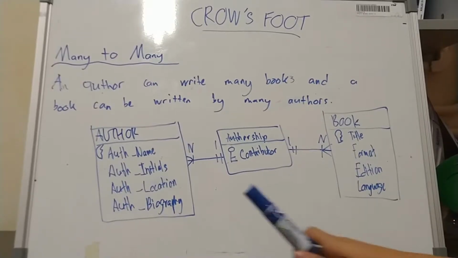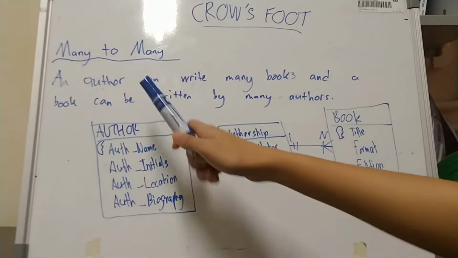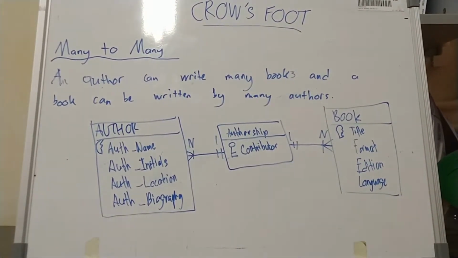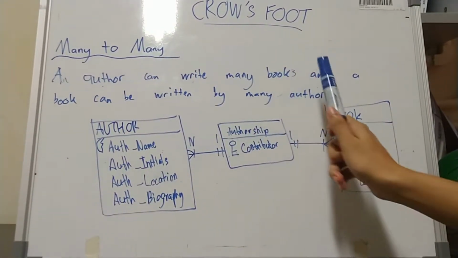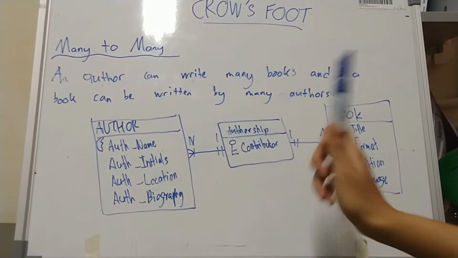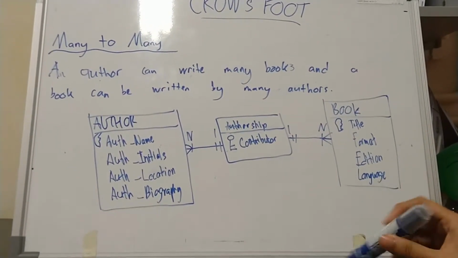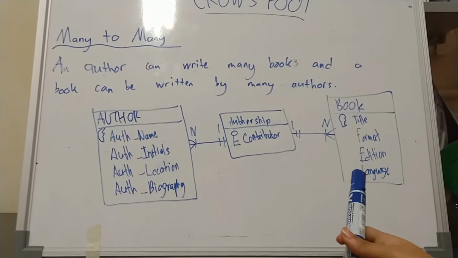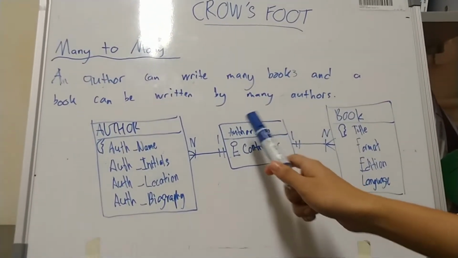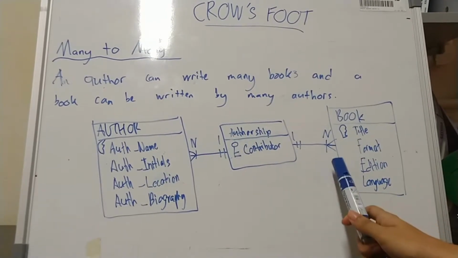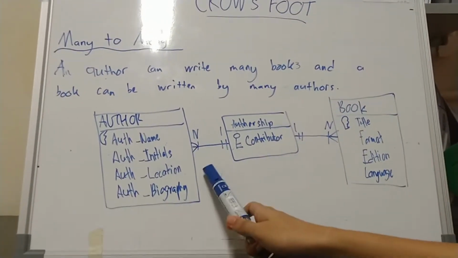The next cardinality would be many to many. Based on the business rule given, an author can write many books, and a book can be written by many authors. So this is a many to many relationship. Based on the model given, the author can write many books, so mandatory many, and the book can be written by many authors, many to many.